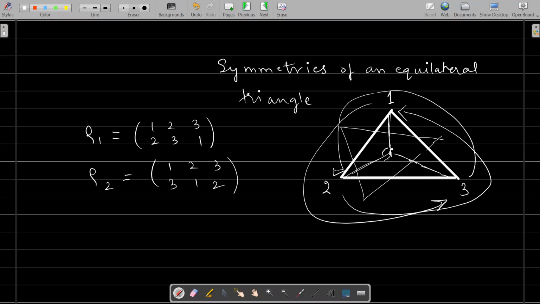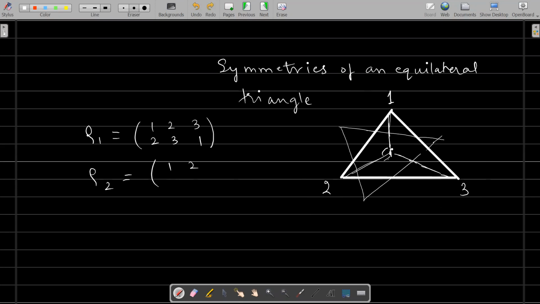Maybe I'll erase those arrows. So 1, 2, 3: 1 goes to 3, 2 goes to 1, 3 goes to 2. It's rotation by 240 or a double rotation. Then if I rotate it 3 times, it's as good as no rotation. It's the original diagram. So I'll call it rho naught.